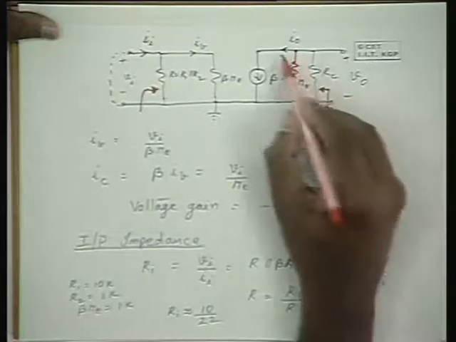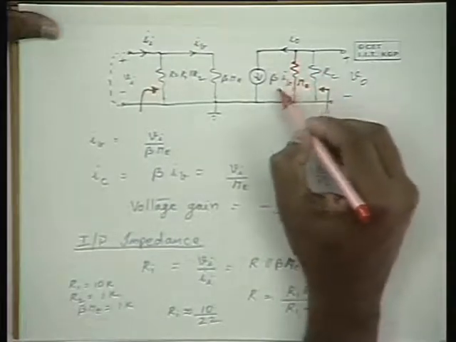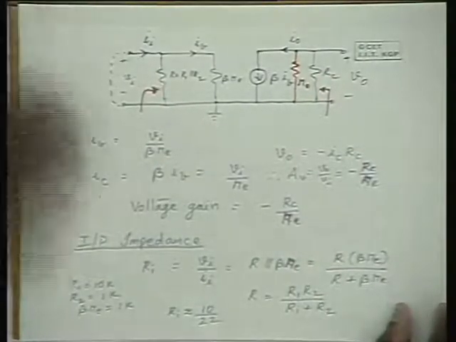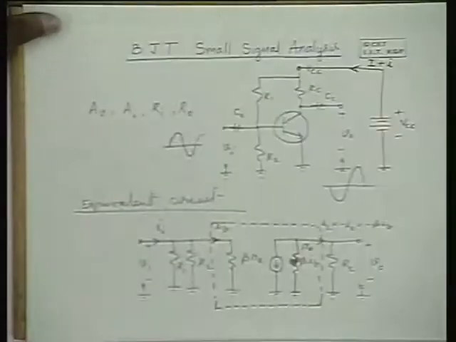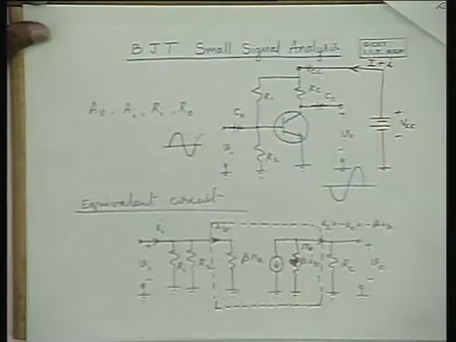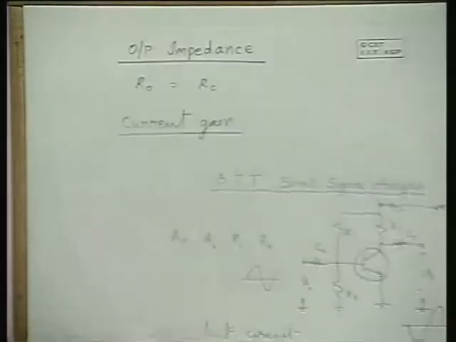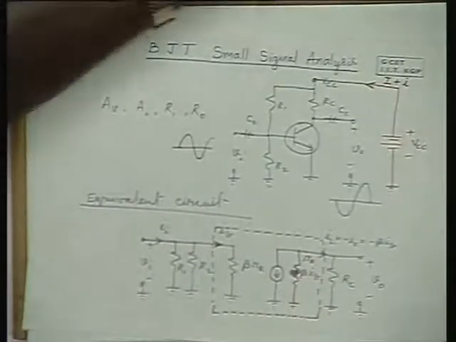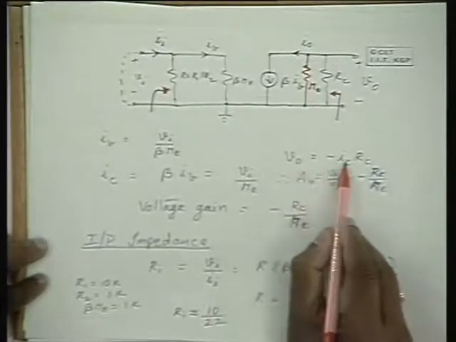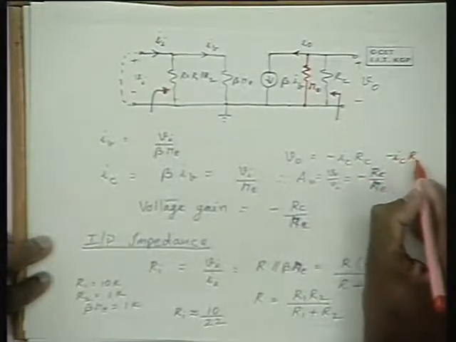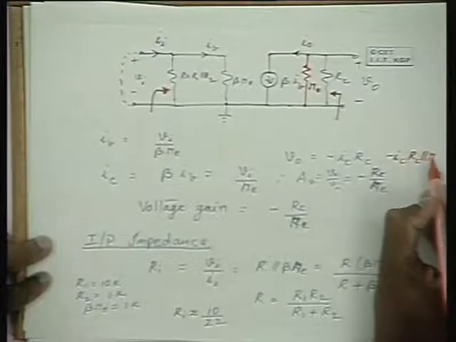Therefore, the output voltage is minus beta IB into the parallel combination of R0 and RC. Hence, in the expression for the output voltage, V0 is, instead of minus IC RC, minus IC times RC in parallel with R0.